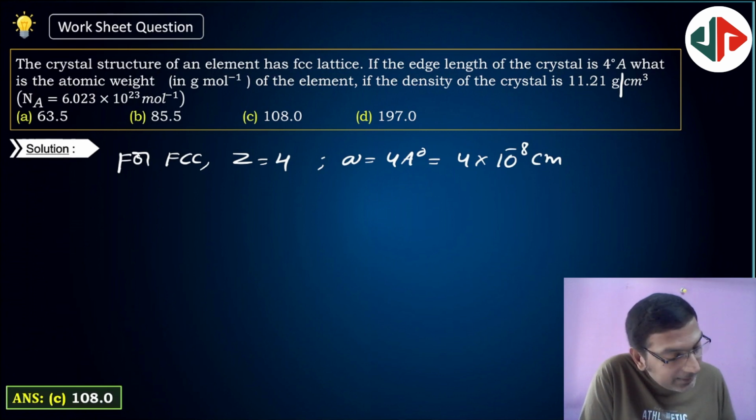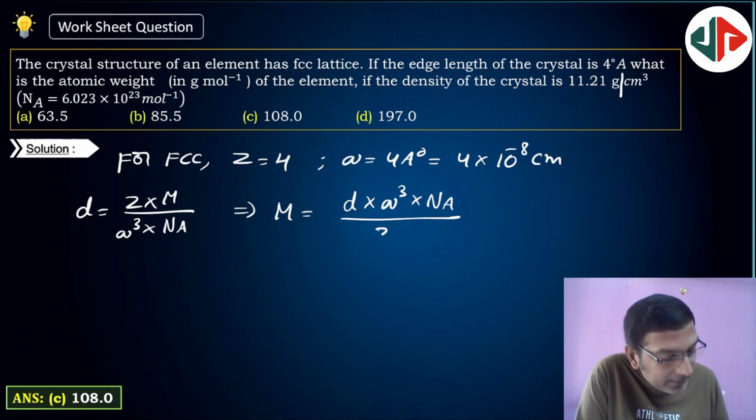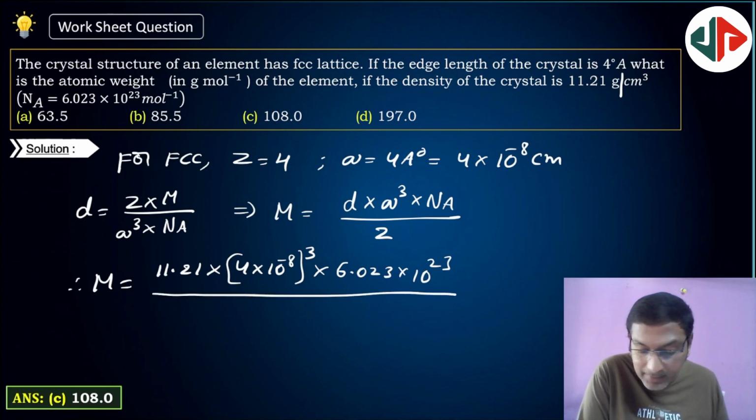D equals Z into M by A cube into Na, so M equals D into A cube into Na by Z. Therefore M equals 11.21 into (4 into 10 power minus 8) whole cube into 6.023 into 10 power 23 divided by 4.